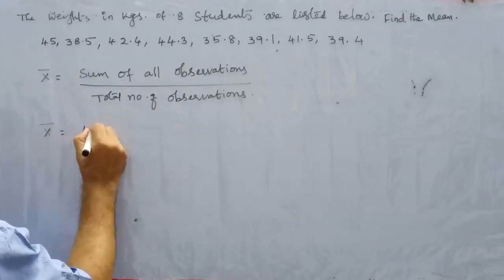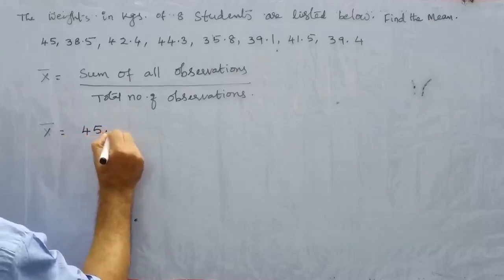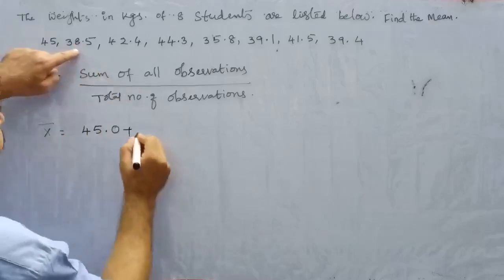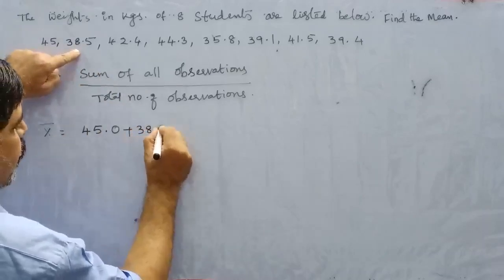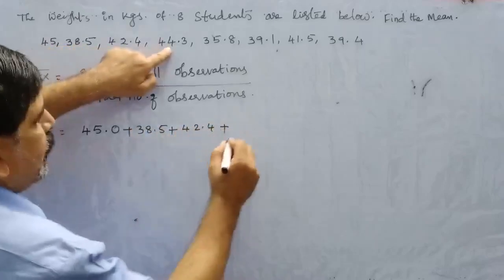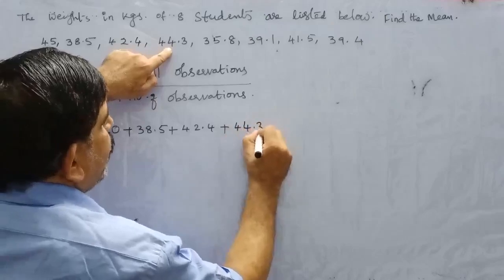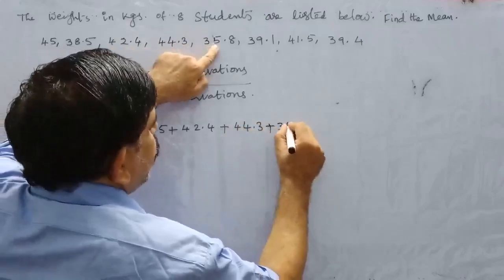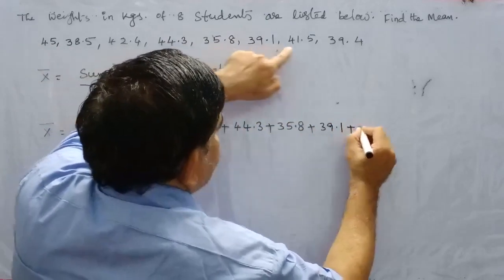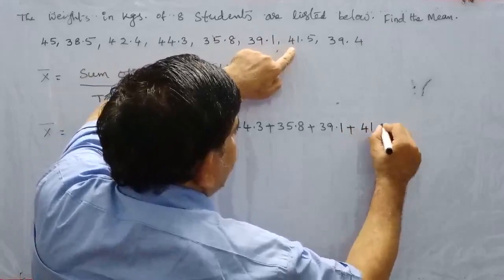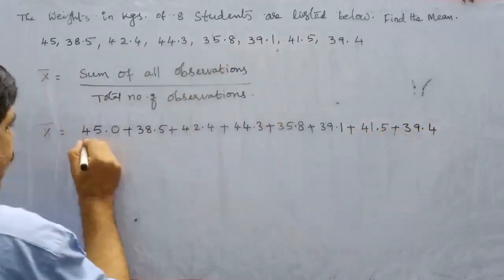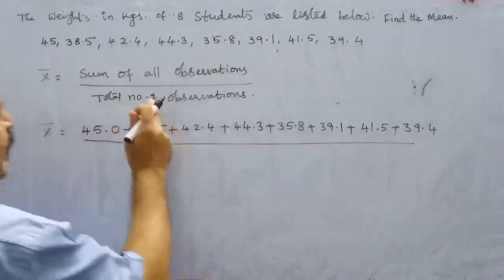45. So this 45 I can write as 45.0 plus second one 38.5 plus 42.4 plus 44.3 plus 35.8 plus 39.1 plus 41.5 plus 39.4 by total number of observations.